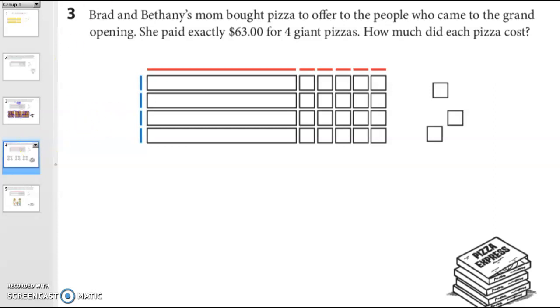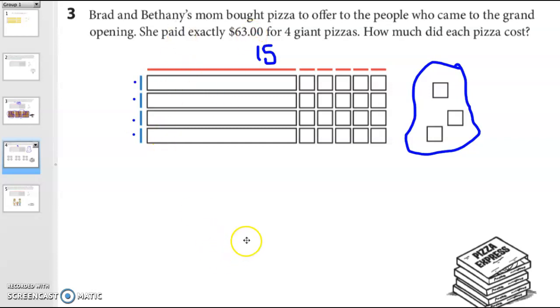So we know, because we're doing the same problem that we just did, that each of them costed $15 at least, because this is pizza 1, pizza 2, pizza 3, pizza 4. And we know each one costed at least $15 and some extra. We can't just not pay for this $3, right? So how much did each pizza cost?